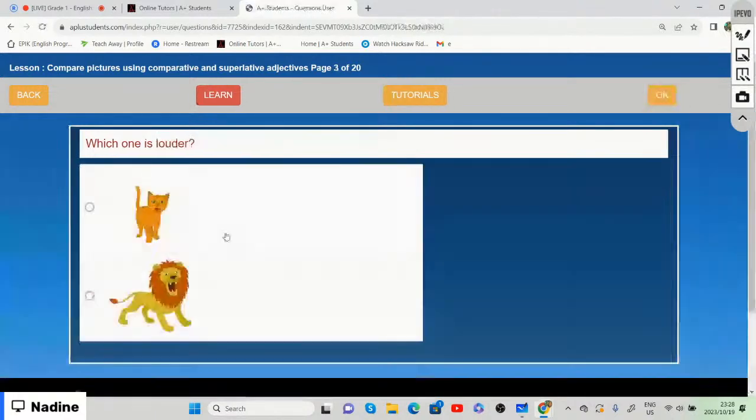Which one do you think is louder? Is it a little cat or is it the lion that is louder? Which one is louder? A cat or a lion? So we must say which one is louder, when it either meows or roars.